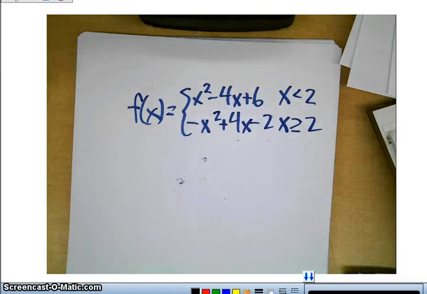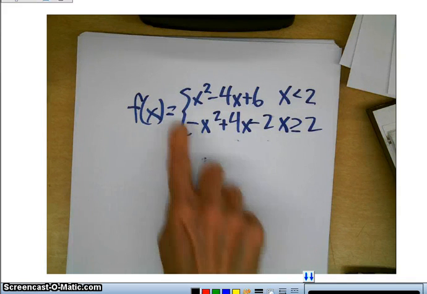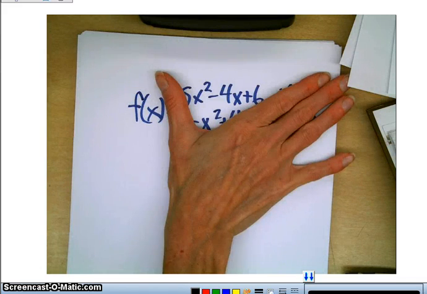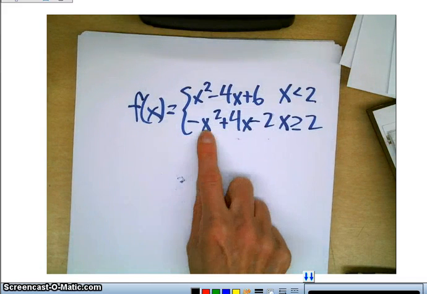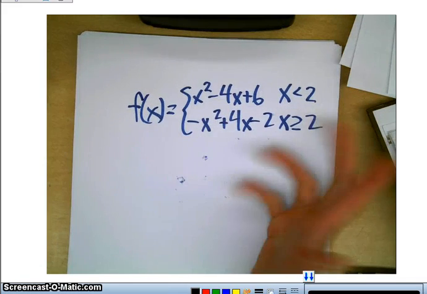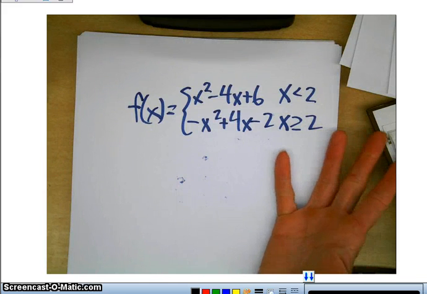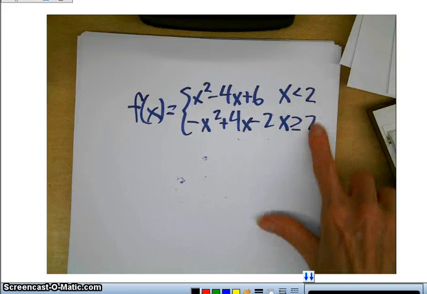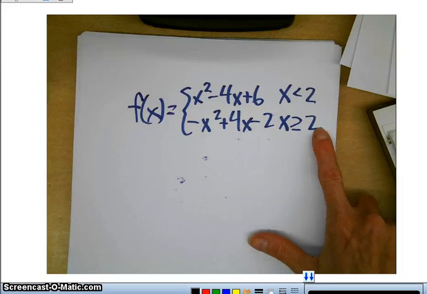You're like, oh my gosh, that's impossible. No. Will this all by itself be continuous? Yeah. Would this all by itself be continuous? Why? What kind of functions are those? They're parabolas. They're going to be continuous. So what about this would make it not continuous? Right there. At 2 might be the only place it's not continuous.